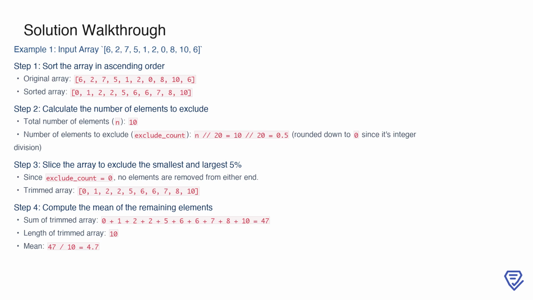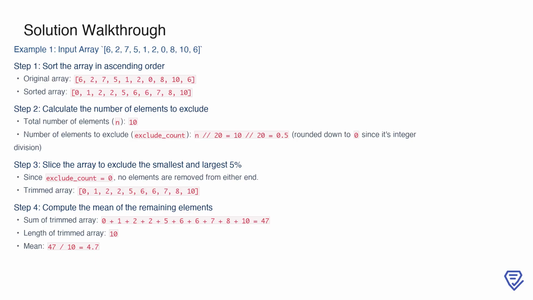To determine the number to exclude, we calculate n//20, which results in 0.5, and because this is integer division, it rounds down to 0. This means no elements will be removed from either the smallest or largest ends of the array. With no exclusions, the trimmed array remains 0, 1, 2, 2, 5, 6, 6, 7, 8, 10.